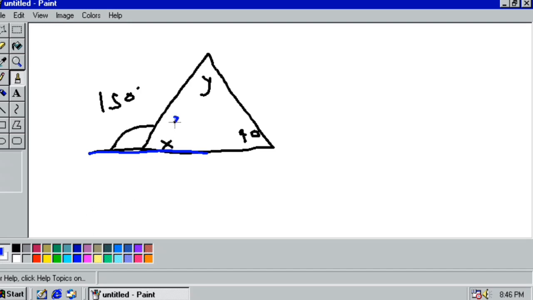So our x is 30. Then the sum of all interior angles of a triangle is 180. We add 30 and 40, which is 70, and we subtract that from 180. So 180 minus 70 is 110. So these are the answers.